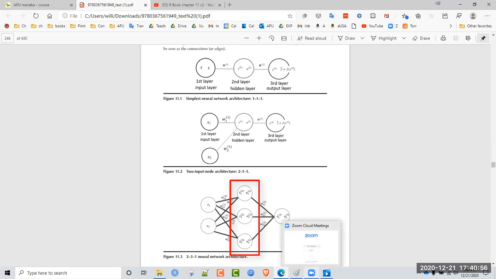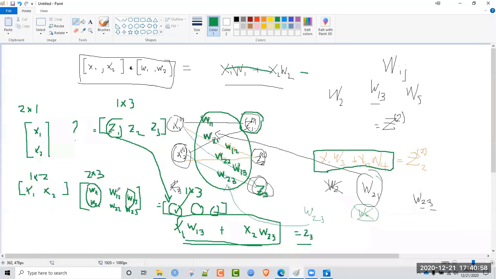What do I mean by the weight matrix? This is the weight matrix. We're going to call it a big W. It's a whole matrix though. And we're going to call this X, a whole matrix. And now if we do X times W, we get the whole big Z matrix.